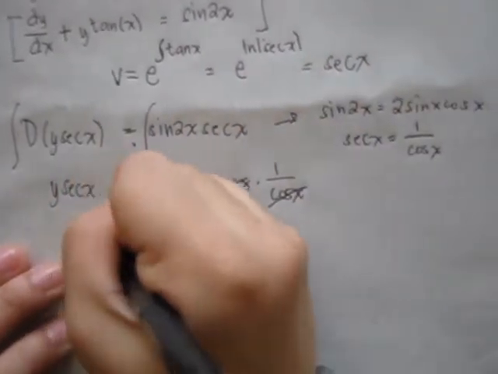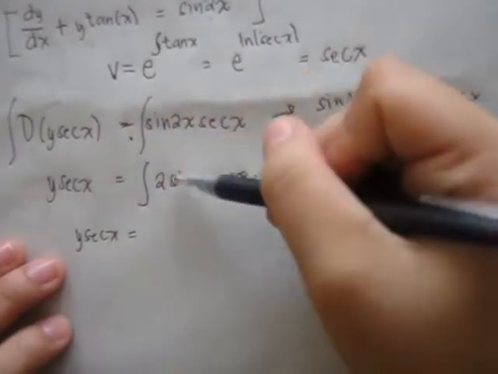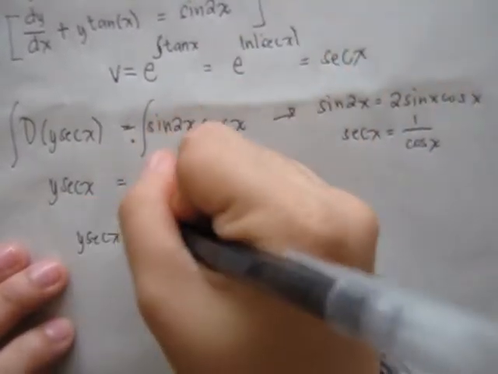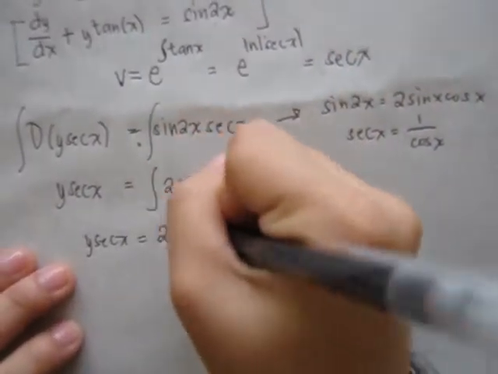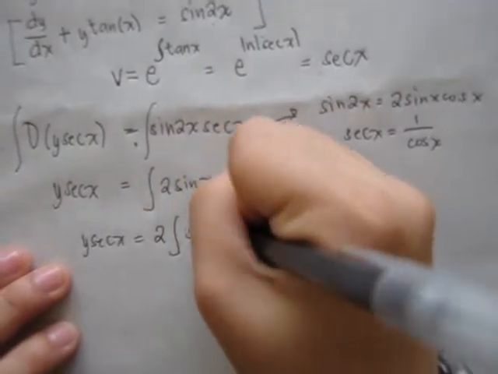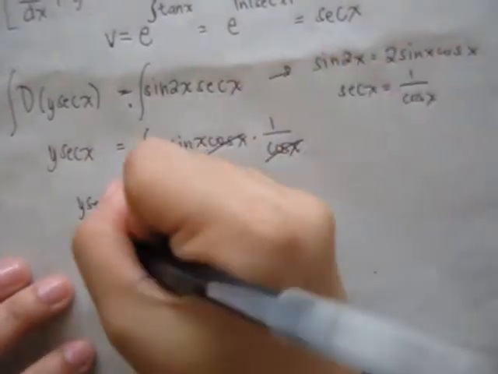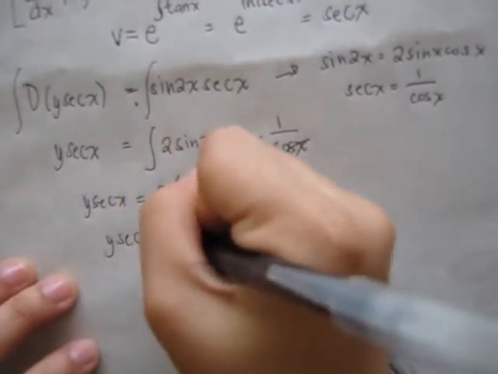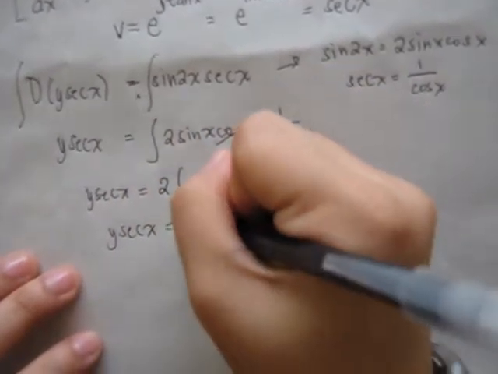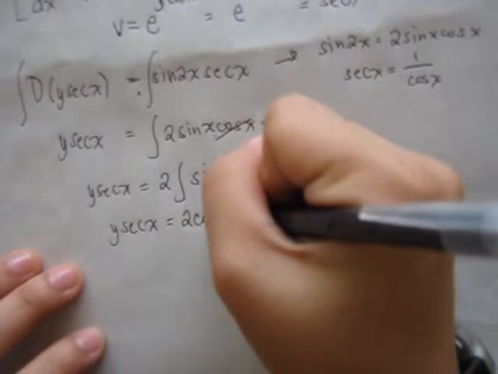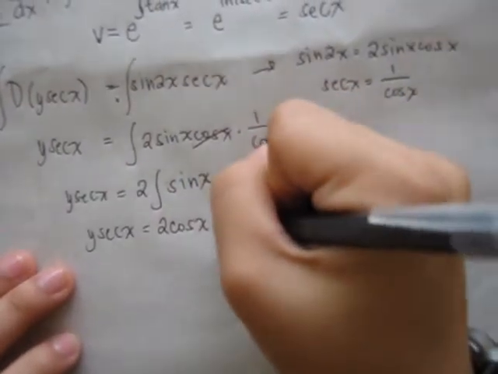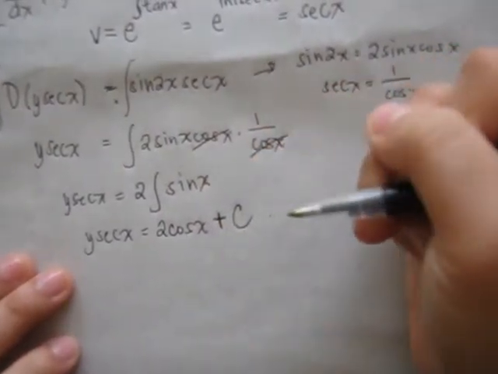So y secant x, getting the constant out of the integral, 2 times the integral of sine x, which is just cosine x, 2 cosine x plus a constant.